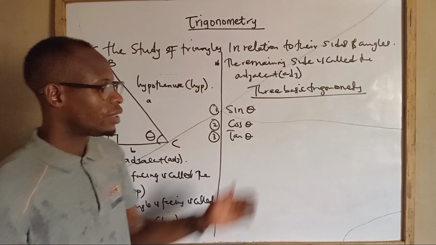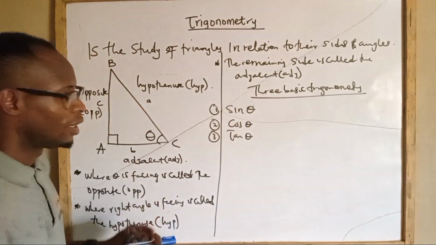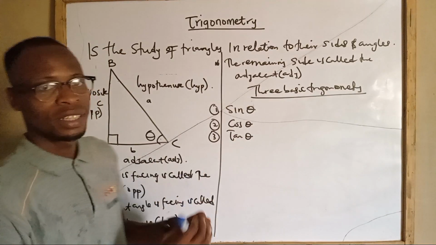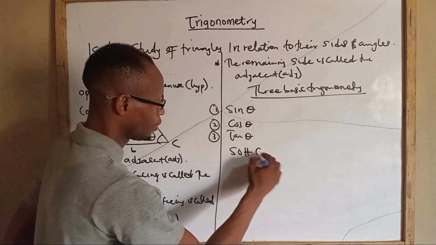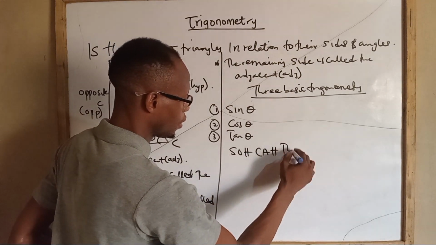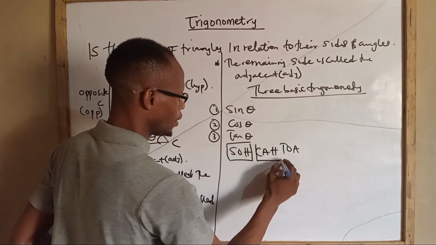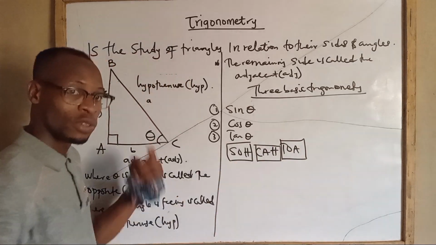All these three represent the angle. When you combine the sides, there is one renowned word that we normally use to categorize sine, cos, and tan. That word is SOHCAHTOA. This SOHCAHTOA I'm going to be splitting into three.